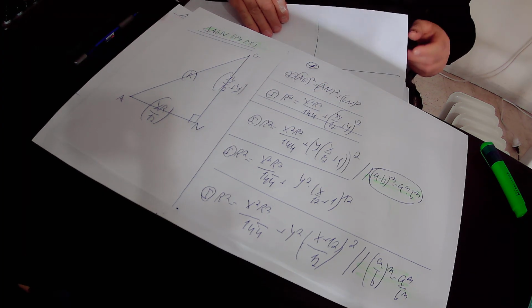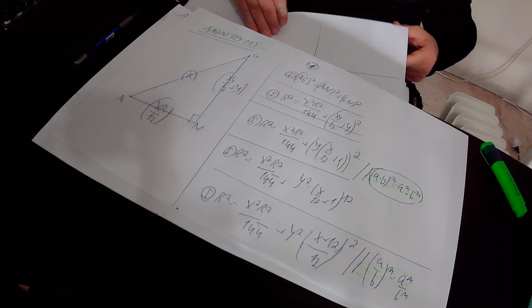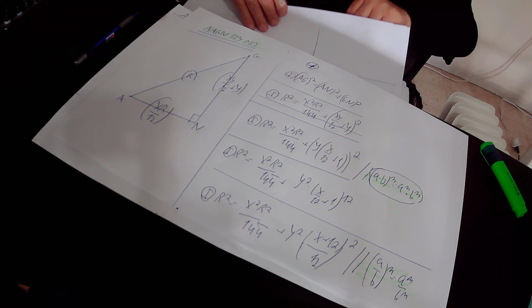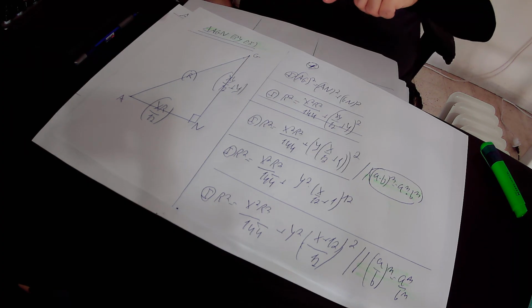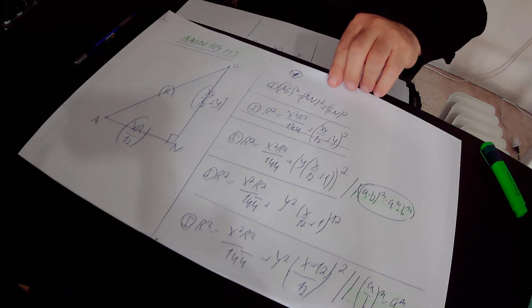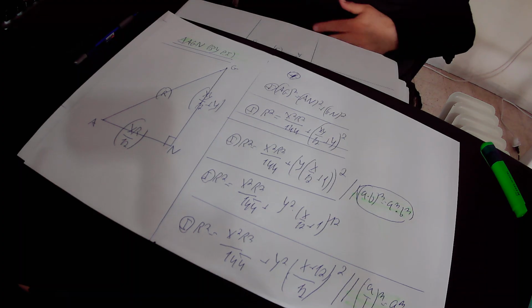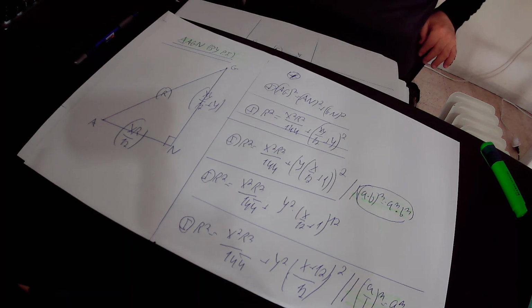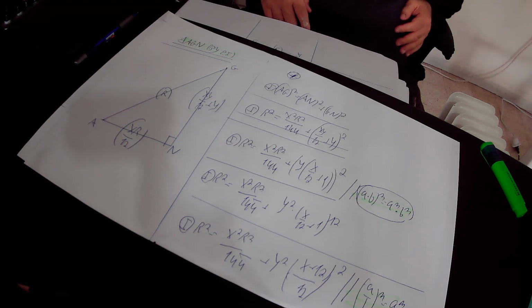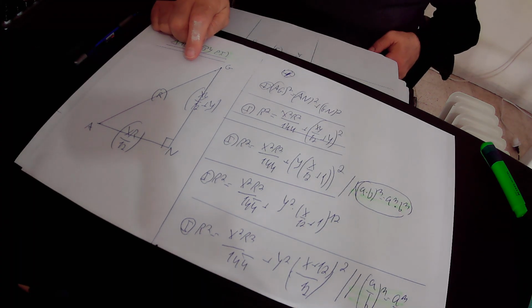So in this right triangle AGN, according to the Pythagorean theorem, GA squared equals GN squared plus AN squared, or AG squared equals AN squared plus GN squared. Here AG is r, therefore AG squared is r squared, and it equals NA squared.